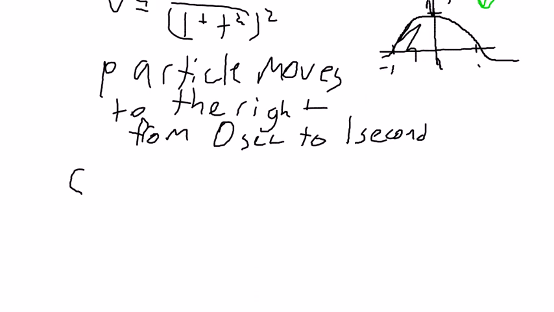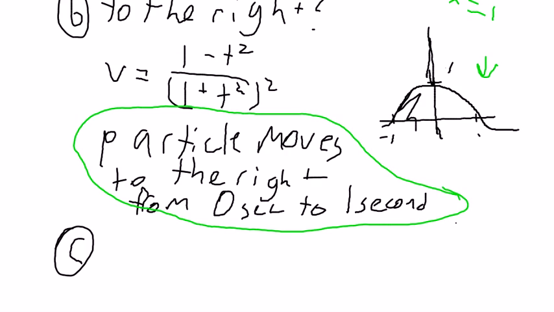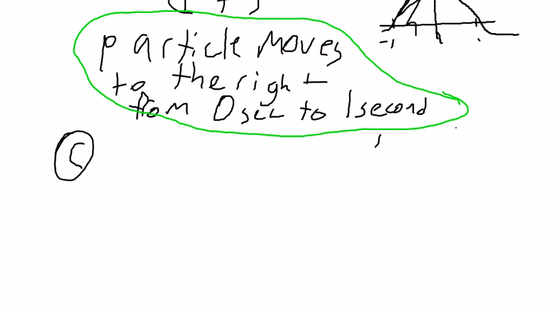Now part C asks to find the total distance traveled between 1 second and 6 seconds. For this, we'd go back to the position time graph, which I'll write again: x of t equals t squared over t plus t cubed.